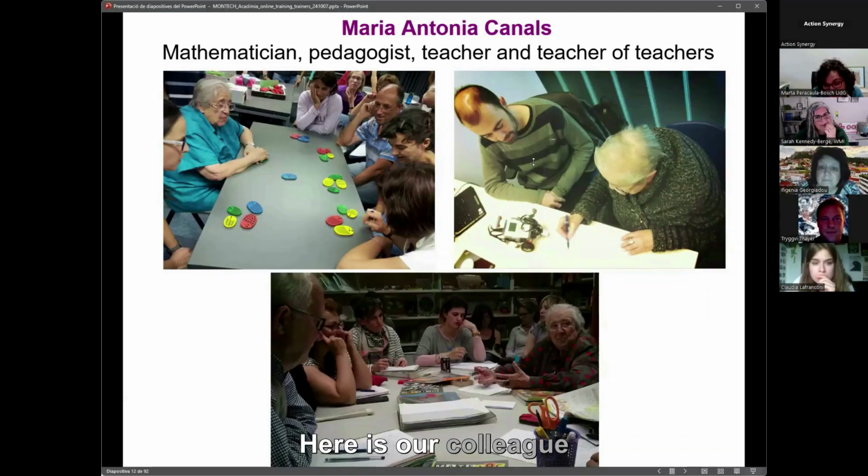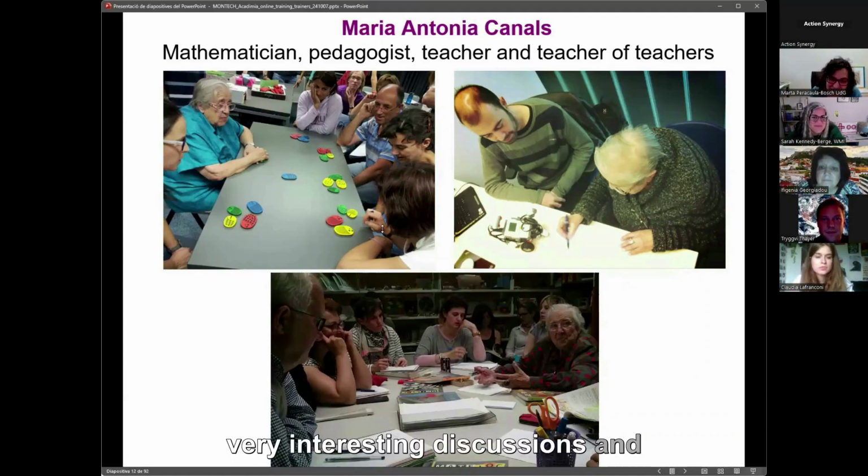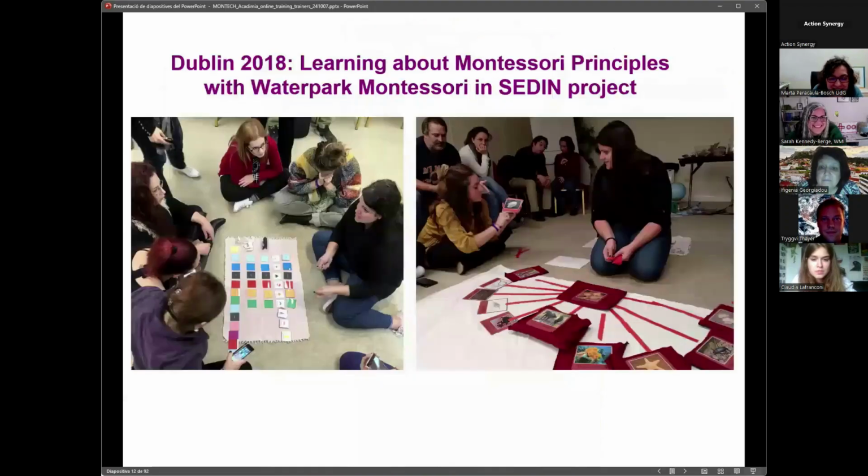Here is our colleague Edu discussing with her, and she was not very much into technologies, and at the beginning she couldn't see how technologies could help her to be positive in all her philosophy about learning. But we have had very interesting discussions, and we learned a lot from each other, especially us from her.